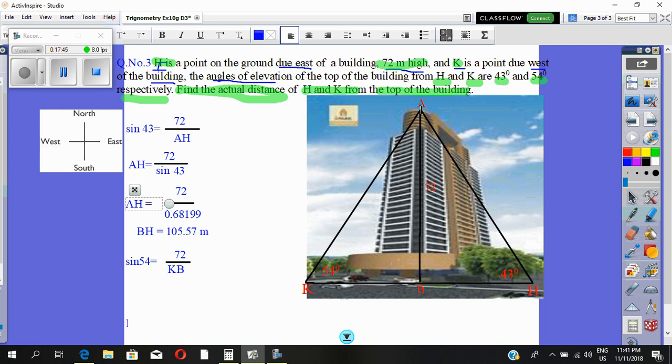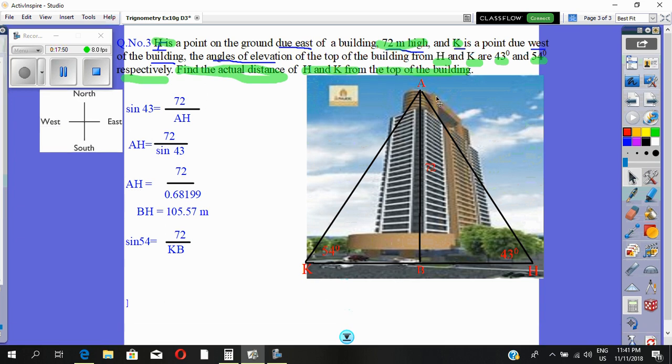Basically we're supposed to find AH, which is the distance from the top of the building to the point H.